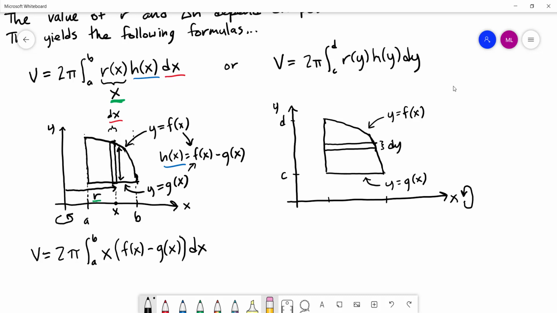The radius is now the distance from the x-axis up to the rectangle. So now this is the r. And all that really is is whatever the y-coordinate is where this rectangle occurs. So in this case, I can replace the entire r of y with just a y. It's the height of our rectangle.